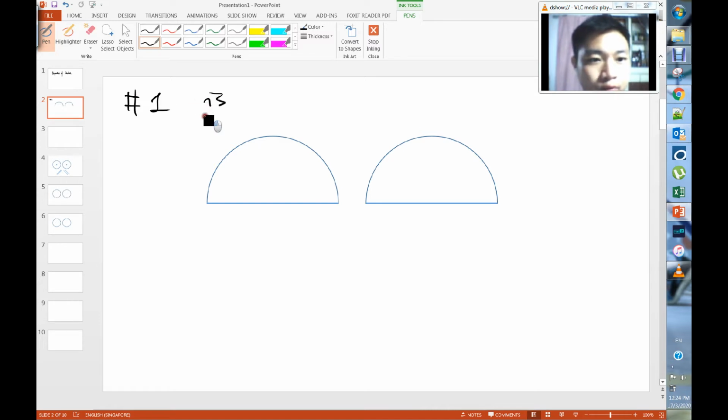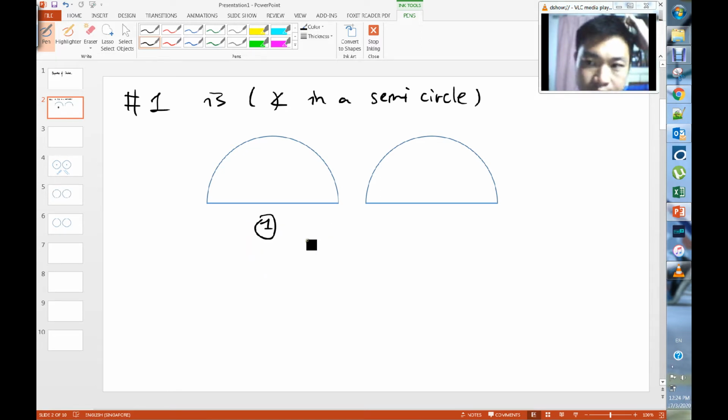Rule number one is angles in a semicircle. So this is rule number one. You can see that I have two semicircles here. This is semicircle one. Let me make use of this semicircle one first.